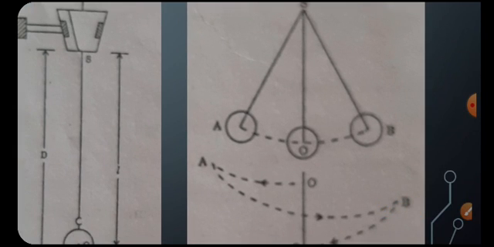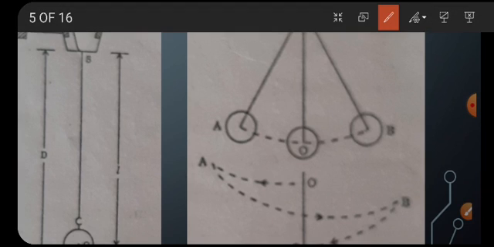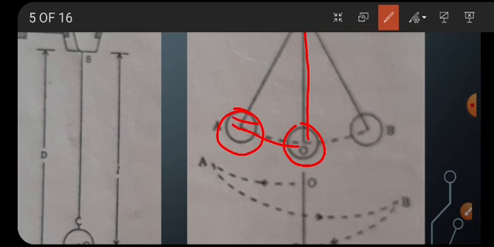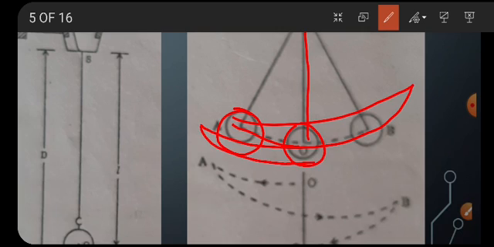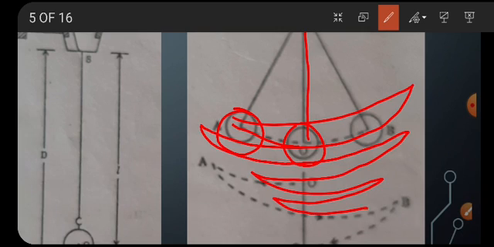Now here, this is the mean position. You pull toward this direction and release it, then it goes left and comes right, left, right. It makes oscillations.